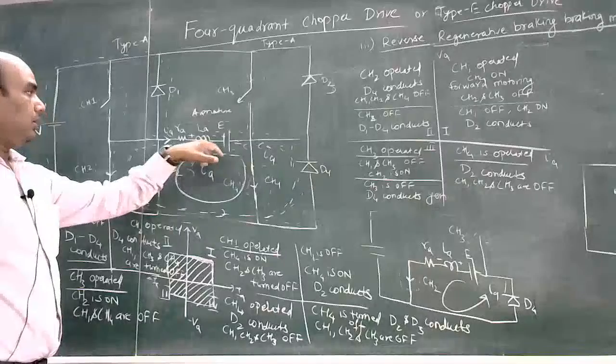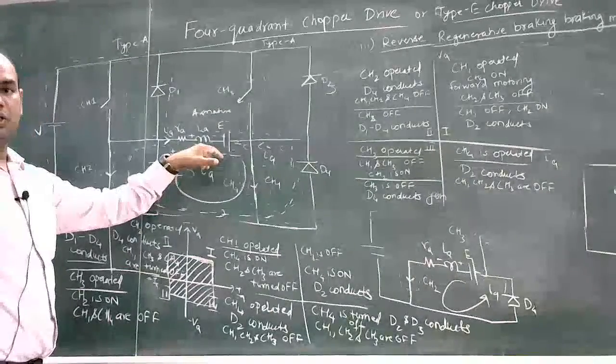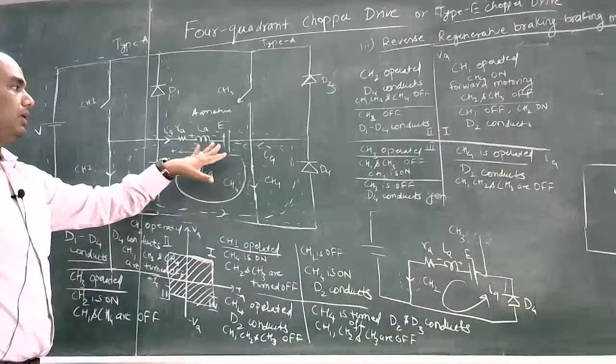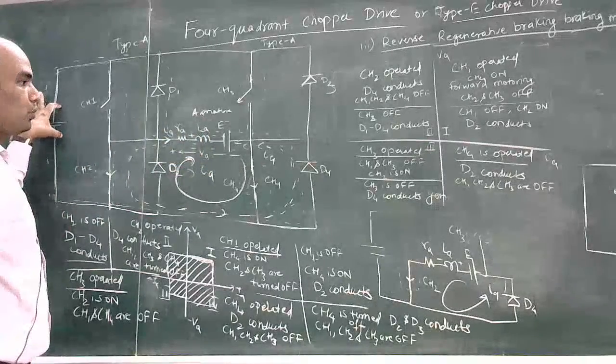Now again this LA will get charged, and the voltage across the armature becomes greater than the source voltage.